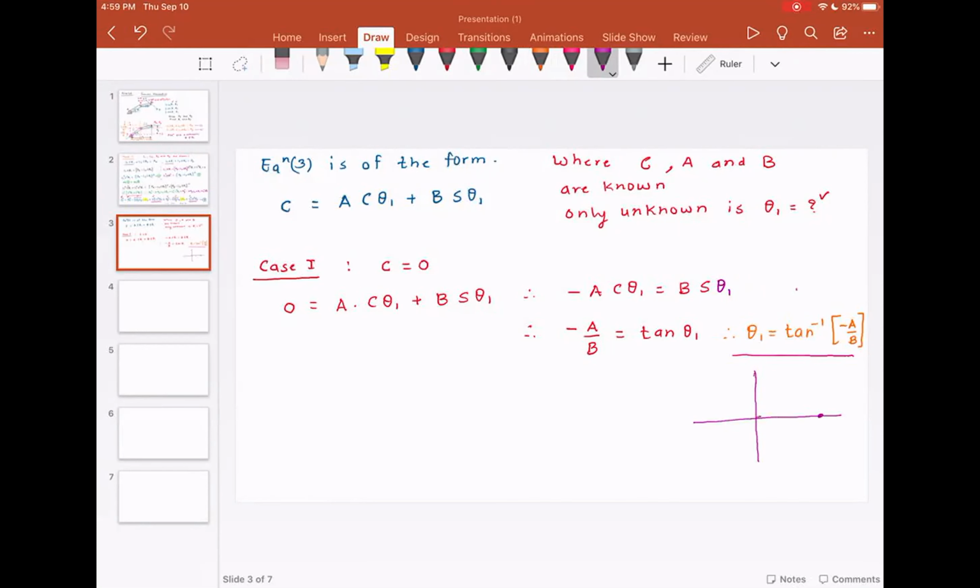Let me give you an example. Say this is my endpoint, and my robot could be configured something like this. I could have my first joint, my second joint, and my end effector would reach this position. Or I could have my first joint oriented like this, my second joint oriented like this, and still I am able to reach the end effector position.